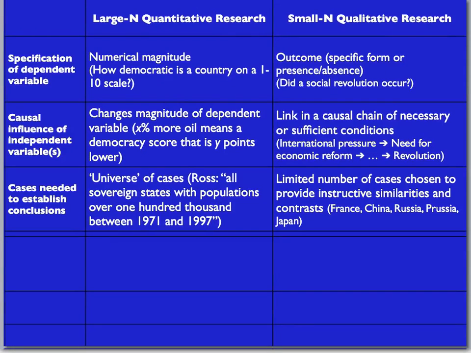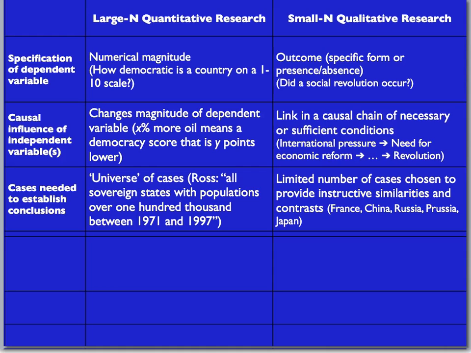Finally, I'm going to wrap up with some contrast between large N quantitative research of the sort that we talked about today and small n qualitative research that we've been talking about in the preceding weeks. They differ on a number of dimensions. First of all, they tend to specify their dependent variables differently. Large N research, you need a numerical magnitude.